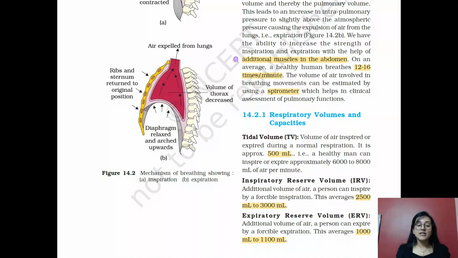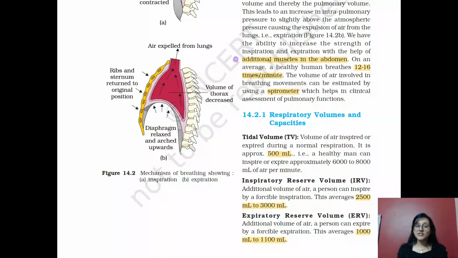So, if the tidal volume is 500 milliliters, that is the volume of air during each normal respiration. We inspire 500 ml of air and the respiratory rate is 12 to 16 times per minute. So, in a minute, we are inspiring 12 times, let's say, and in each inspiration we are taking in 500 ml of air.